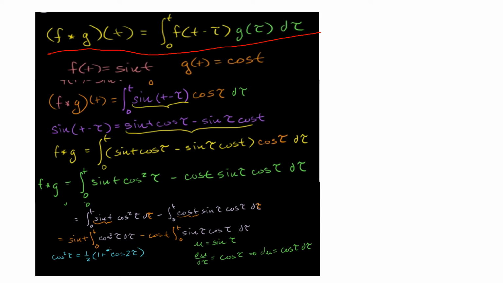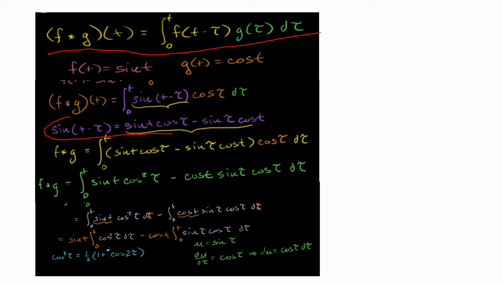Now let us see two functions. One is f equal to sine t and g equal to cosine t. As per the definition, f convolved g equals integral sine of t minus tau, cos tau, d tau. Here we can use a trigonometric identity.